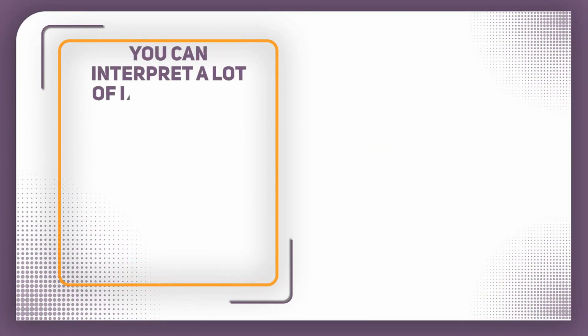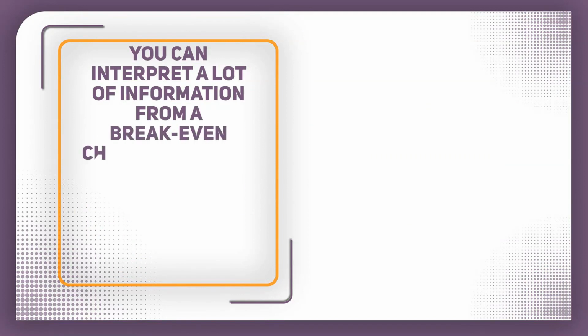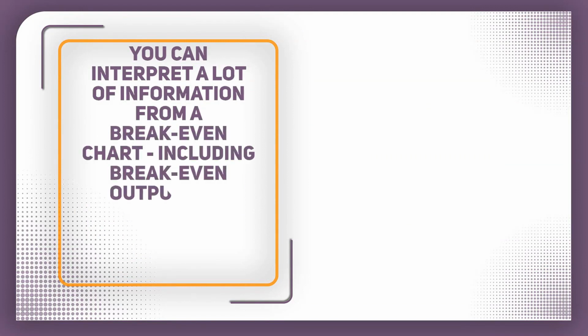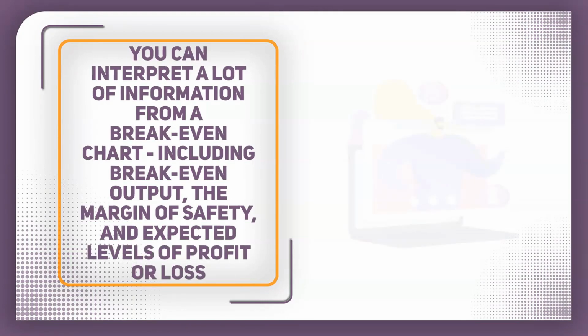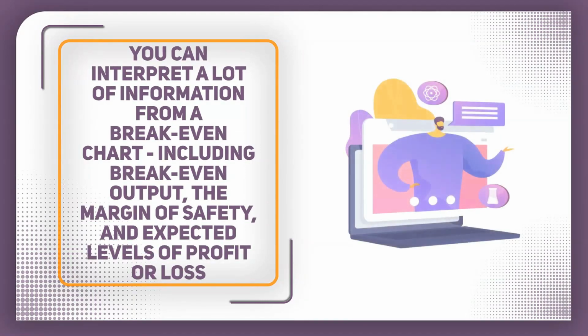So, in conclusion, you can interpret a lot of information from a break-even chart, including break-even output, the margin of safety, and the expected levels of profit or loss at different levels of output. You need to make sure that you feel comfortable with drawing a break-even chart when you are given a set of data for a business, and that you know how to interpret it once it has been created.